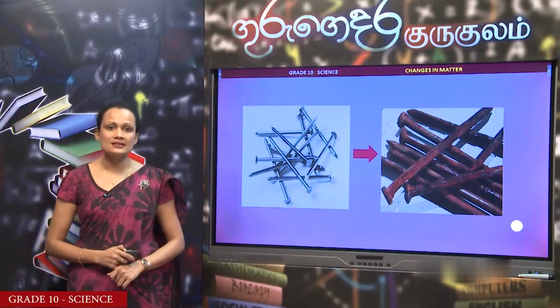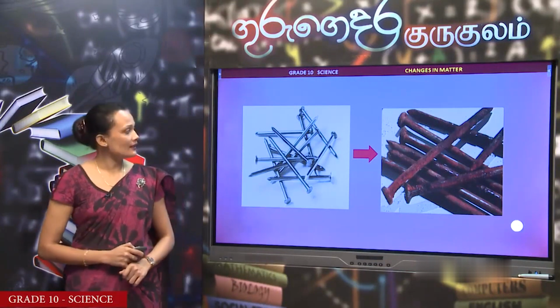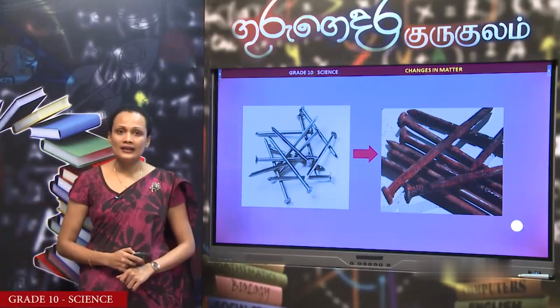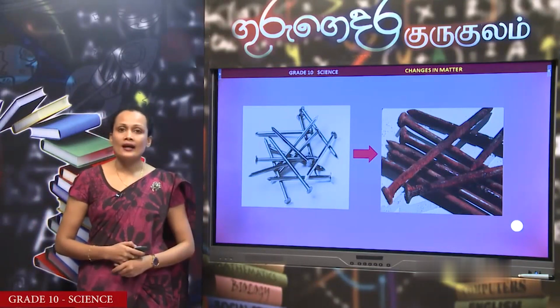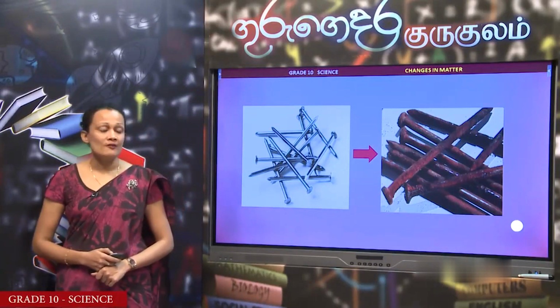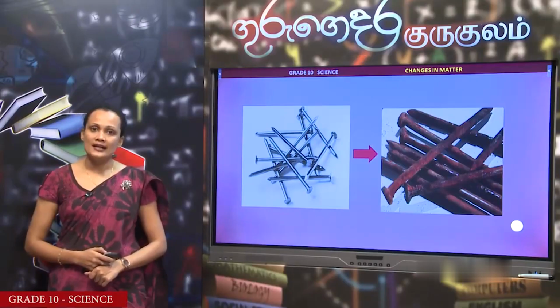It is a new substance. We can't do anything to get the iron nails back. That means a new substance is formed when iron rusts. That's why we can take rusting of iron as a chemical change.